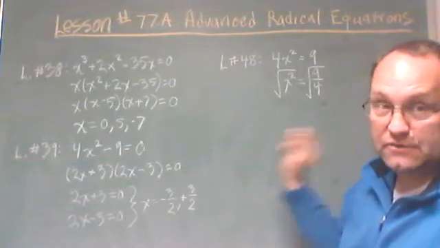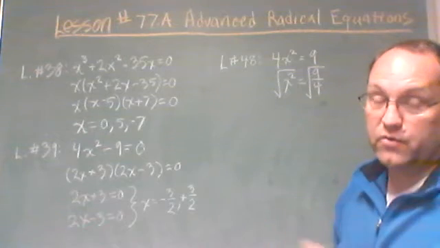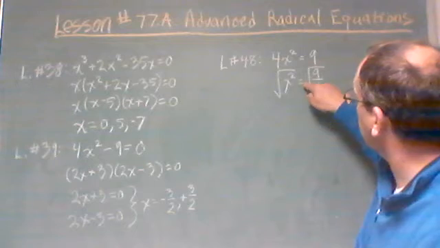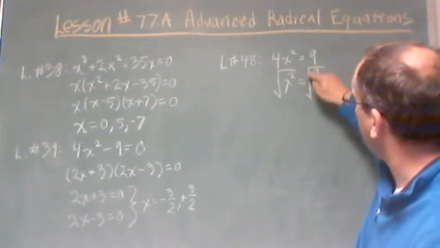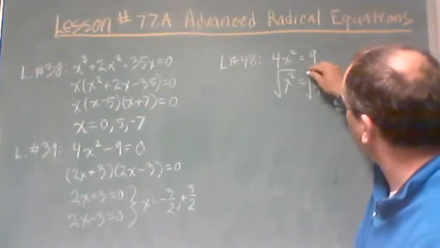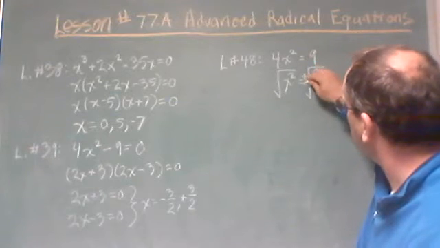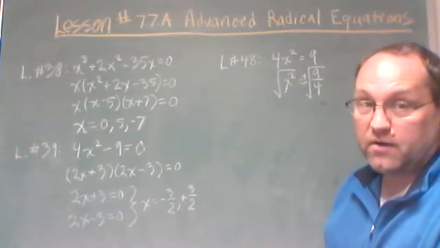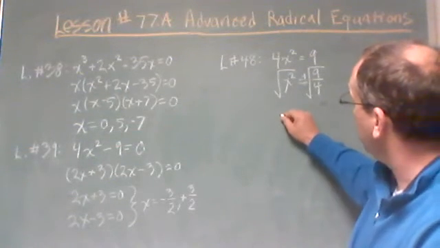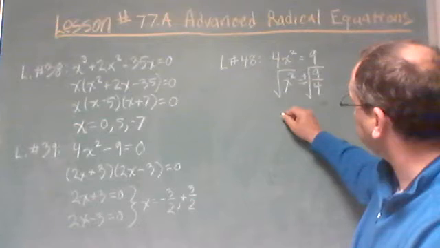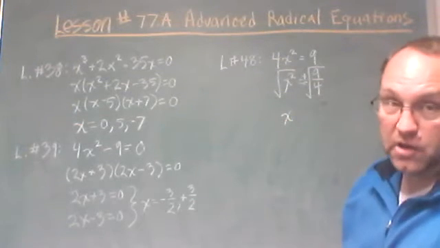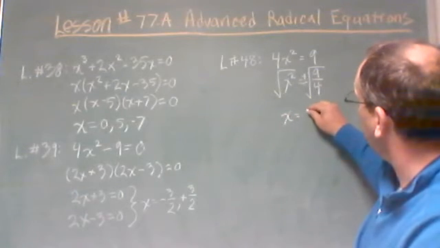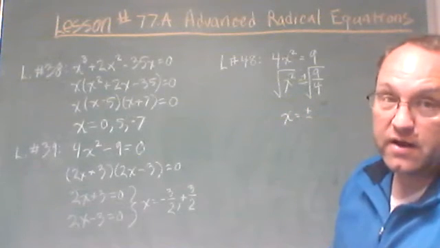Now, when we take the square root of both sides, we must at this stage, over on this side of the equation, put that plus or minus sign, because we'll have two possible solutions when we do that square root operation. We get x alone on the left side, plus or minus the square root of 9/4.